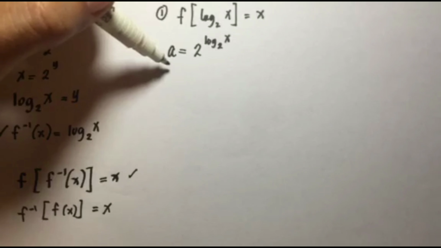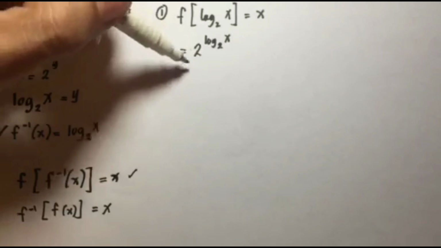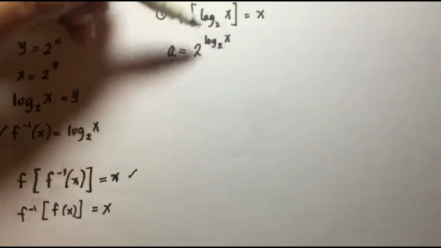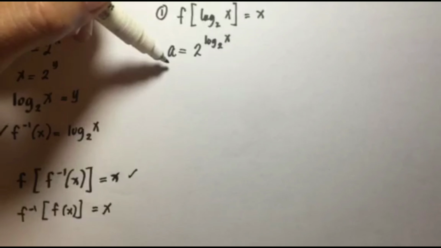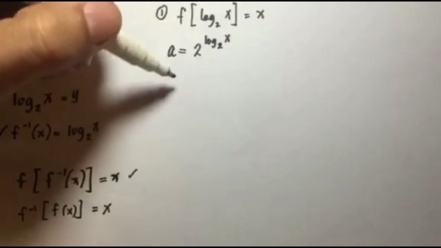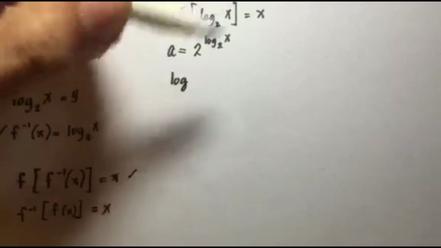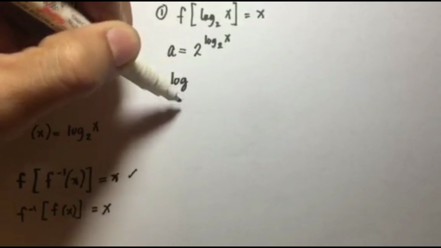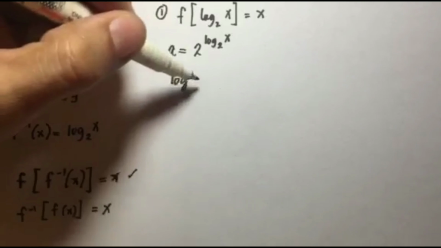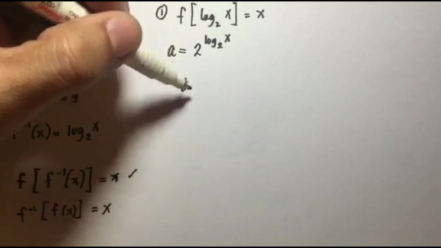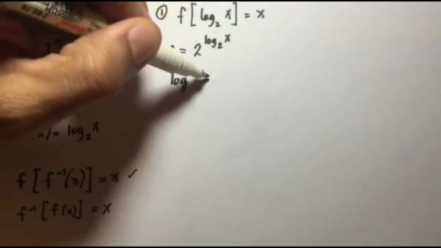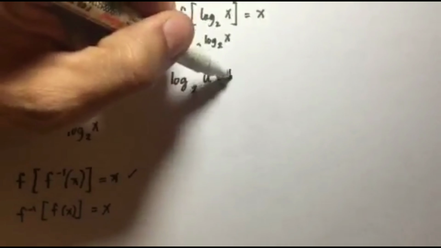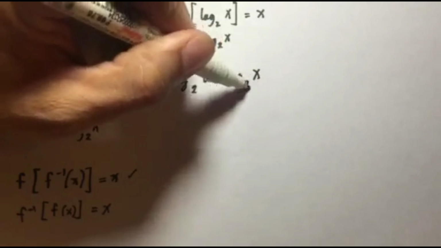So, para makuha natin yon, ito ay naka-exponential, di ba? Kasi ito yung base, ito yung exponent niya. Okay, so para ma-transform natin into logarithmic form, magiging logarithm of a to the base of 2 equals to the exponent, logarithm of x to the base of 2.